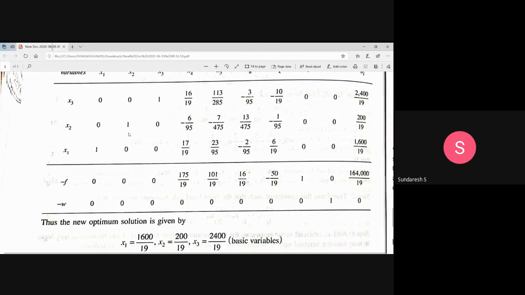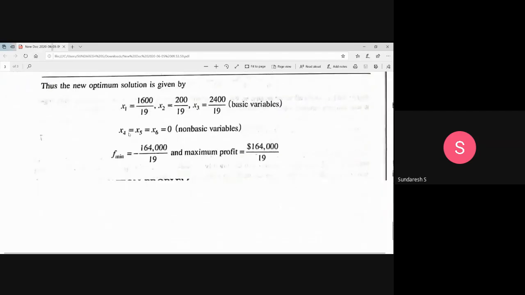Got it, my dear students? So this is the new optimal solution we have got for adding a new constraint to the original LP.